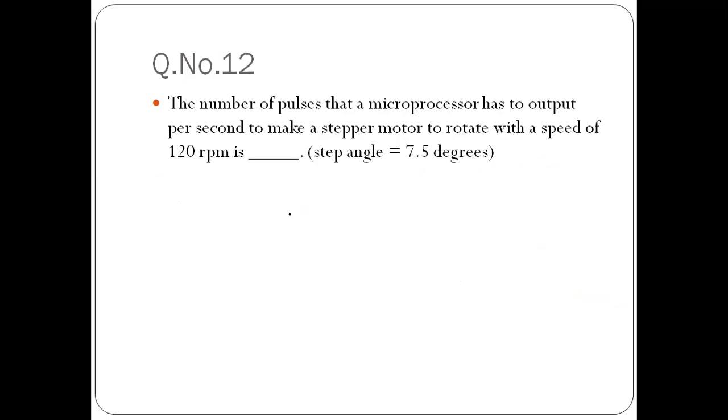The number of pulses that a microprocessor has to output per second to make a stepper motor rotate with a speed of 120 RPM. The same concept: for 360 degree, I should give 360 by 7.5, that is 48 pulses per revolution. Here they have asked, it is rotating with 120 RPM.